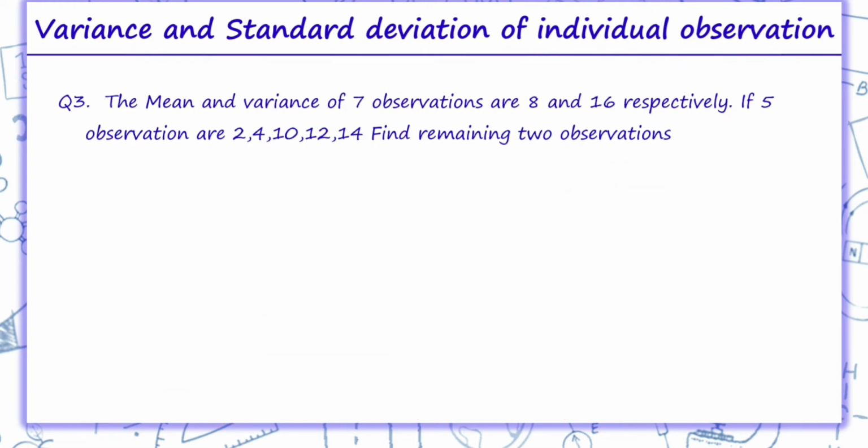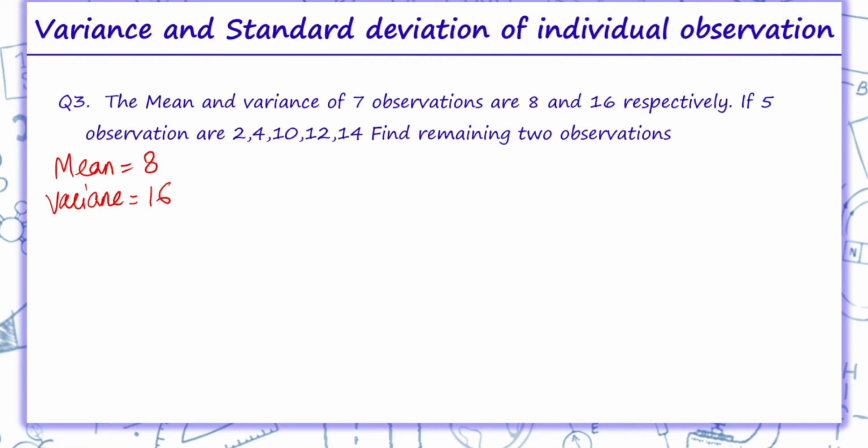The next question is, the mean and variance of 7 observations are 8 and 16 respectively. That is, the mean is 8 and the variance is 16.